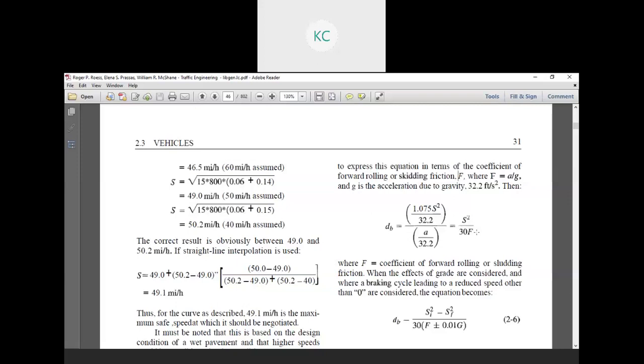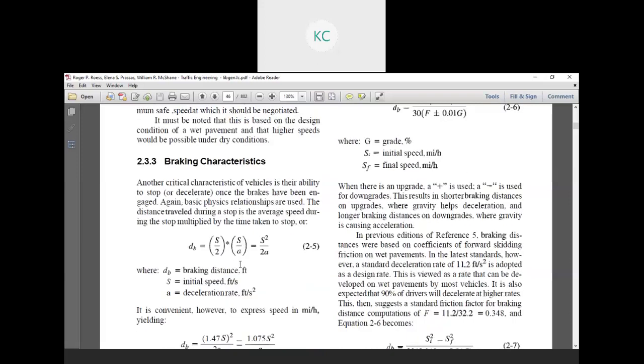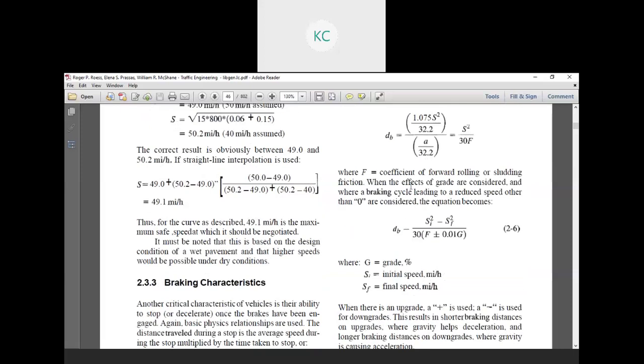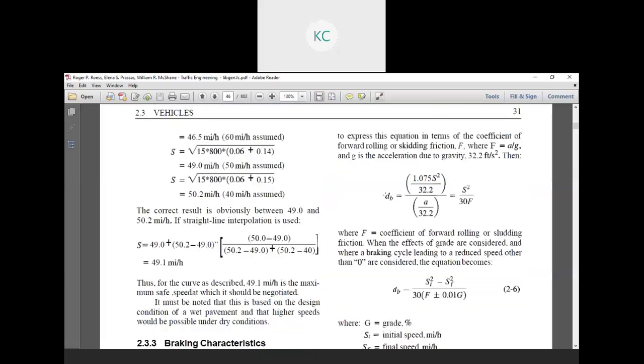The distance transferred from the original path to the off-braking path is known as the skid. So the braking distance in terms of the skidding friction is d_v is equal to s square upon 30f, where f is the coefficient of forward rolling or skidding friction.